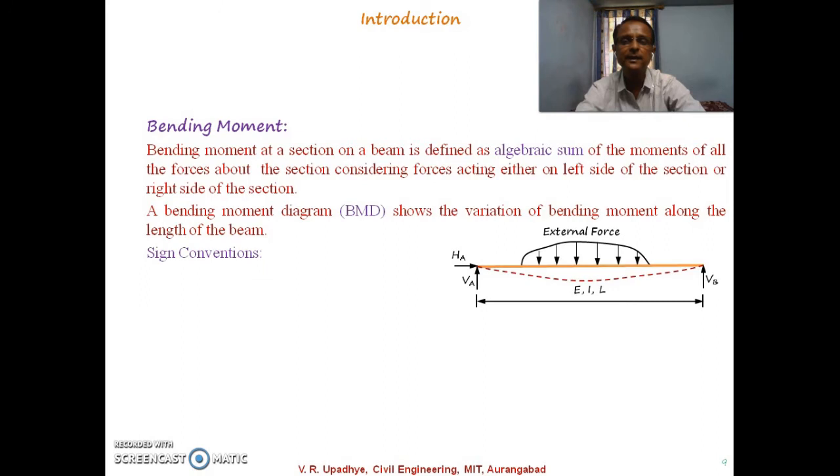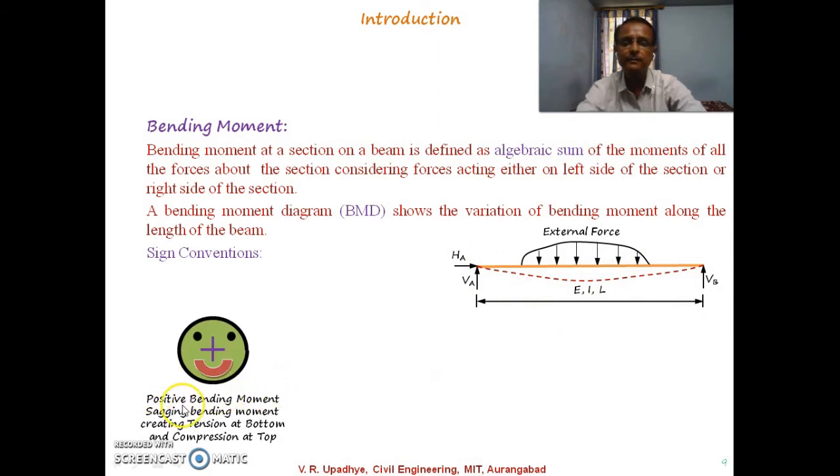So generally the sign convention used is something like this. What we discussed earlier, this kind of deflection is called sagging deflection. So the bending moment which is sagging will be considered as positive.